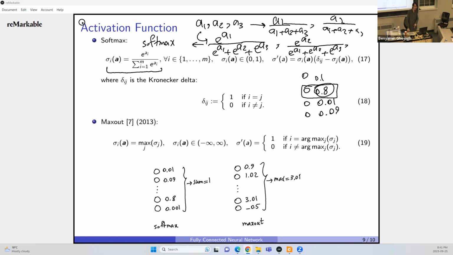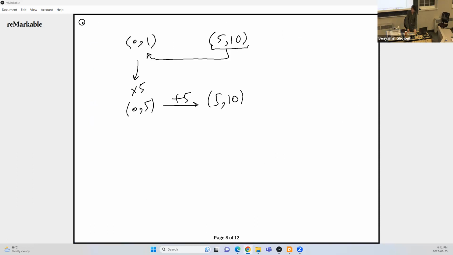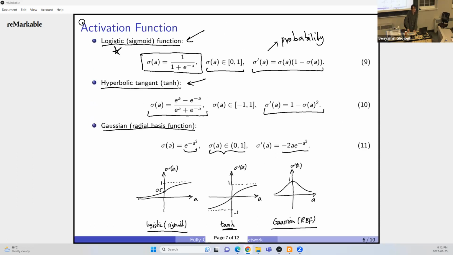So one option is to use 2 neurons with softmax form because I have 2 classes. Another way is to use sigmoid or logistic. Because when I have only 2 classes, I can have only 1 probability. Because the other probability is 1 minus that probability, right? Therefore, I can only have 1 neuron now and use sigmoid activation function at the end.